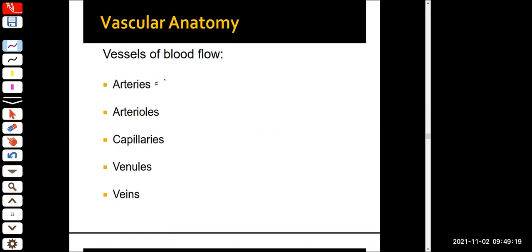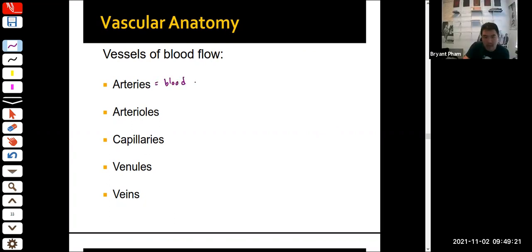Nice. Here they have the highest velocity. Arteries carry blood away from the heart, and that's when blood is moving the fastest.